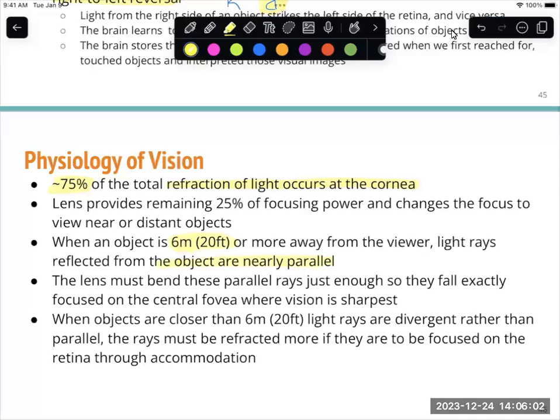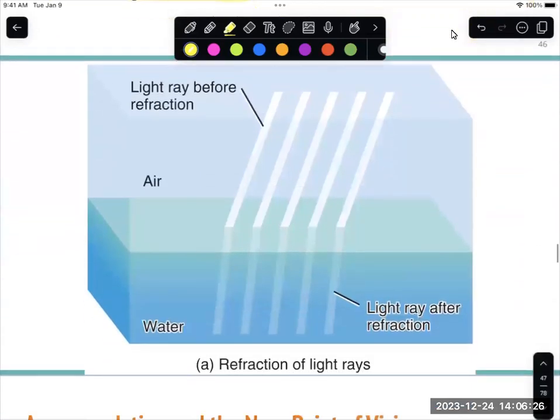The lens has to bend these parallel rays so they are focused onto that fovea centralis. When something is closer than 6 meters or 20 feet, those rays have to be refracted even more so they are focused onto that fovea centralis.